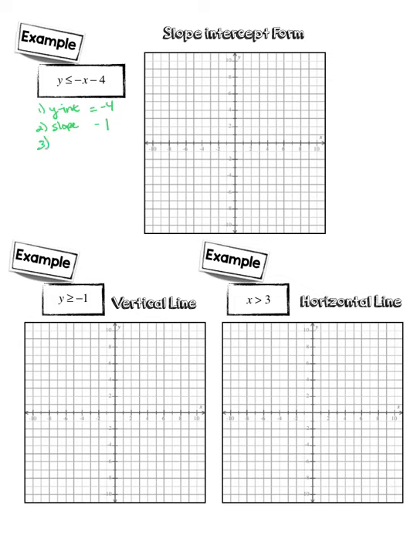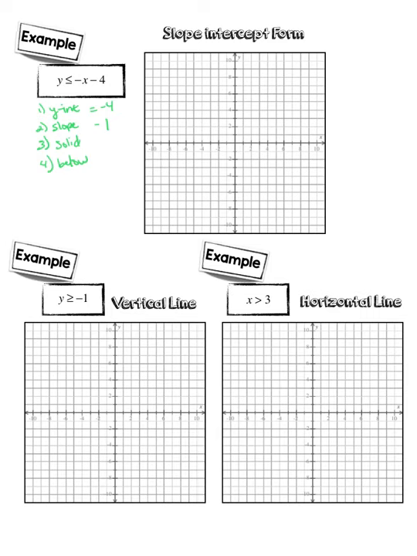Is it going to be a solid line or a dashed line? It's going to be a solid line. And 4, are you shading above or below? Well, y is less than, so we'll say below, because y is less than. I've answered all my questions.